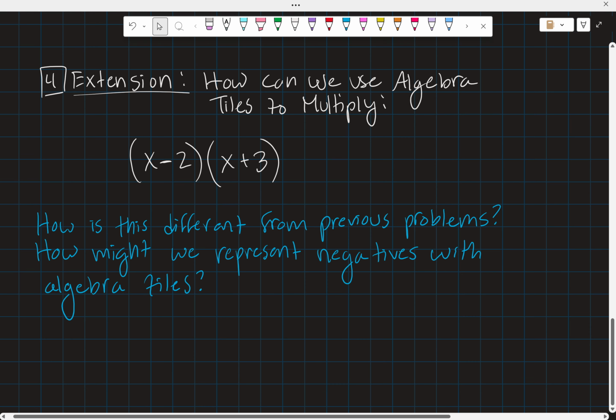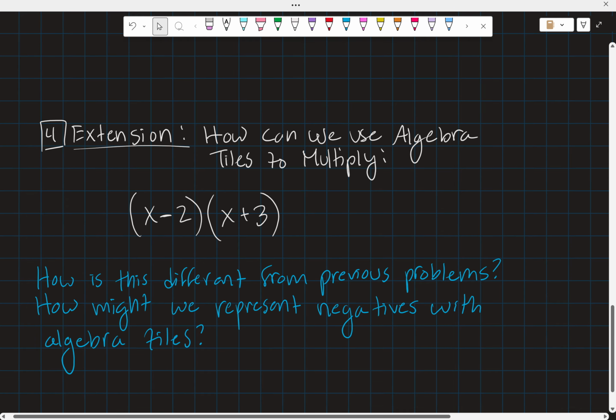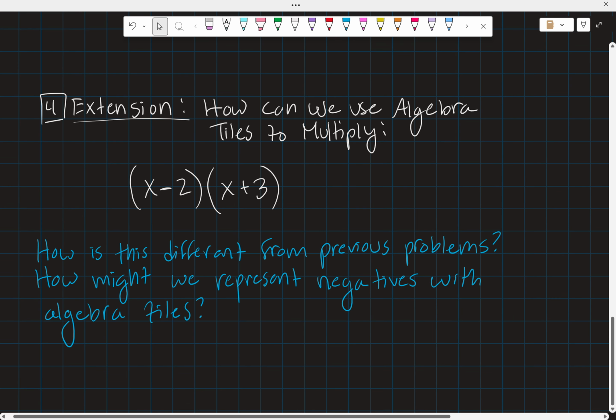And how might we represent negatives using algebra tiles? I want you guys to think about that, type out your answers, how you think solving this might differ from the previous problems, and how you would deal with the negative numbers using algebra tiles while solving an algebraic expression. So think about that, and we will talk about that in our next lesson.